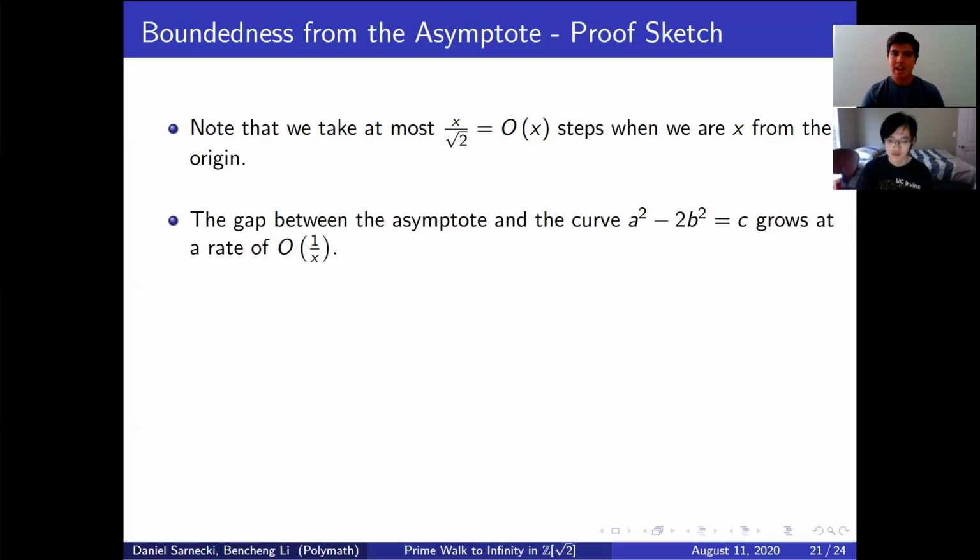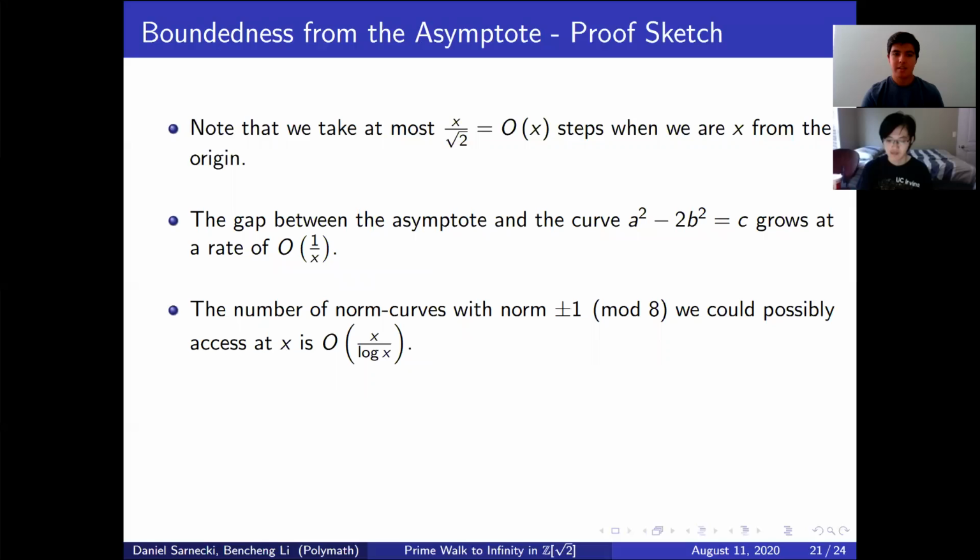Then the gap between the asymptote and the curve grows at a rate on the order of 1 divided by x. Then the number of norm curves with norm plus or minus 1 mod 8 that we could possibly access at x is on the order of x divided by log x.